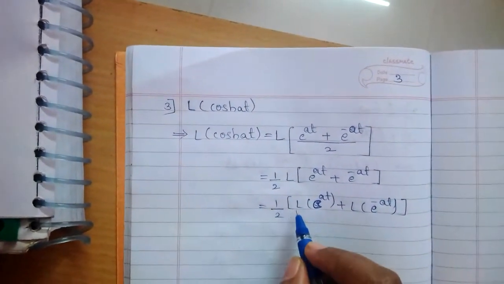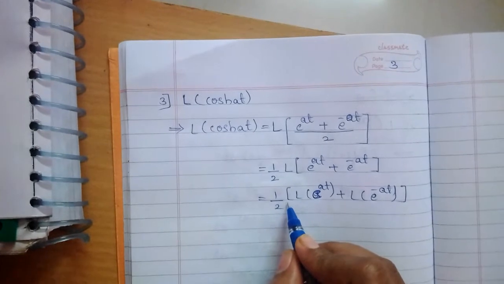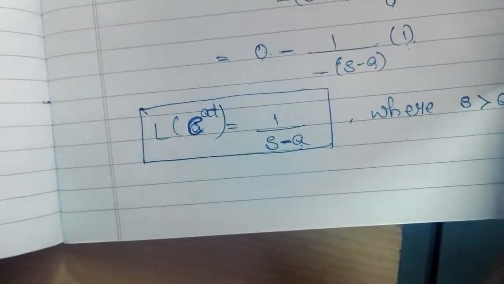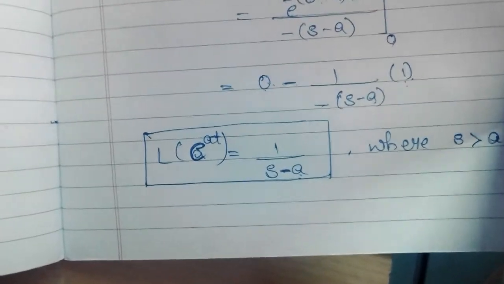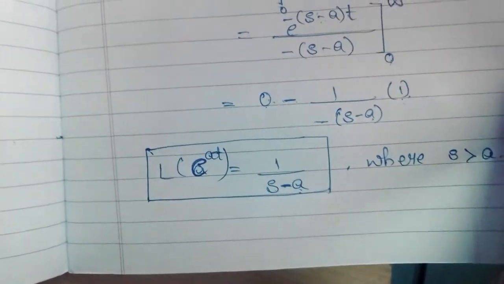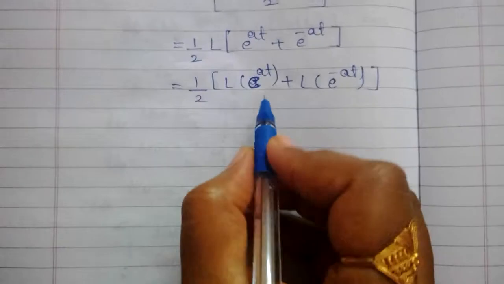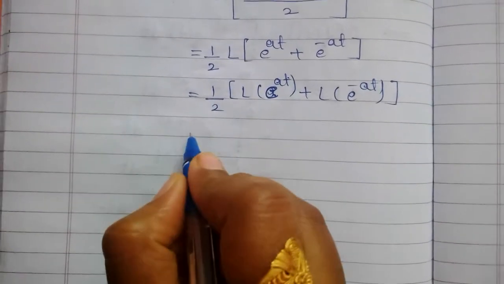From the last result, the second one, we know that Laplace transform of e raised to at is 1 divided by s minus a. We have to put this result here.